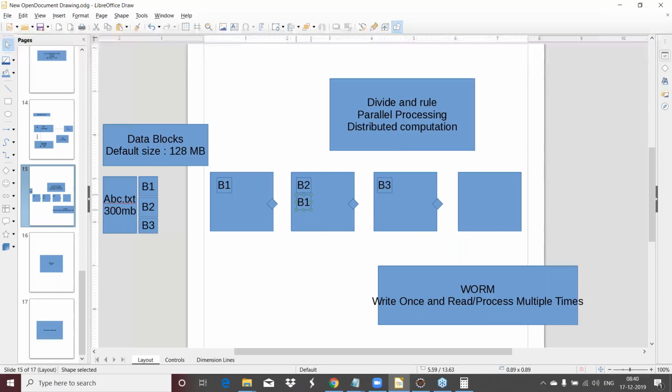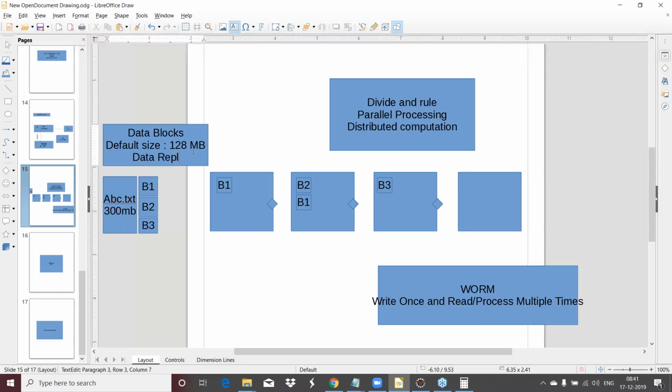So Hadoop says that I'm going to do data replication. This process is basically referred to as data replication. And by default, Hadoop is going to keep 3 copies of it, and that is called the replication factor.